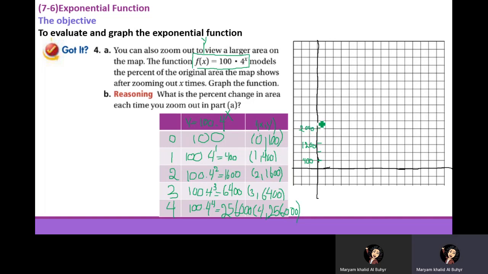So that will be 2,400, 2,800, 800. That will be 3,200. That will be 3,600. That is 4,000.